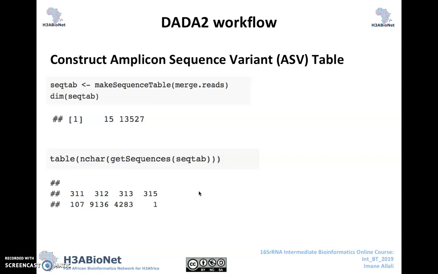As you can see, here is the breakdown of the size of these amplicons. From the dimensions of the seqtab matrix, we can see that we have 13,527 amplicon sequence variants that were identified. And on the bottom here, you have the frequency. So for example, 9,136 sequences are 312 base pairs in length, and so on.